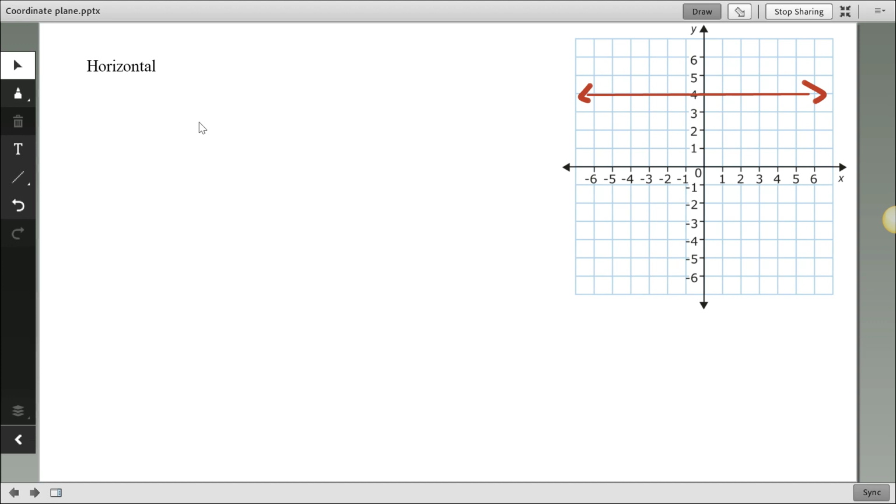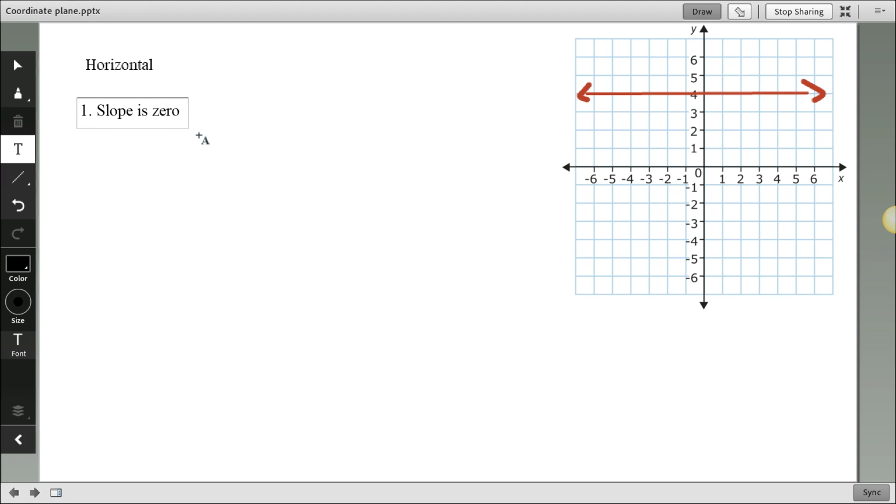Well, number one, a horizontal line has a slope that is 0. And how will we get 0? Well, if we calculate the slope here, so if I'm looking at this particular line that I have, let's just pick 2 points on that line.